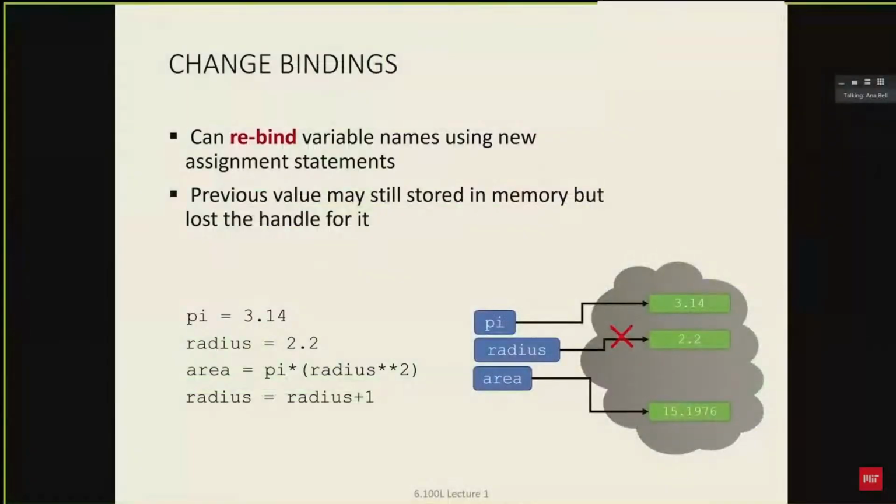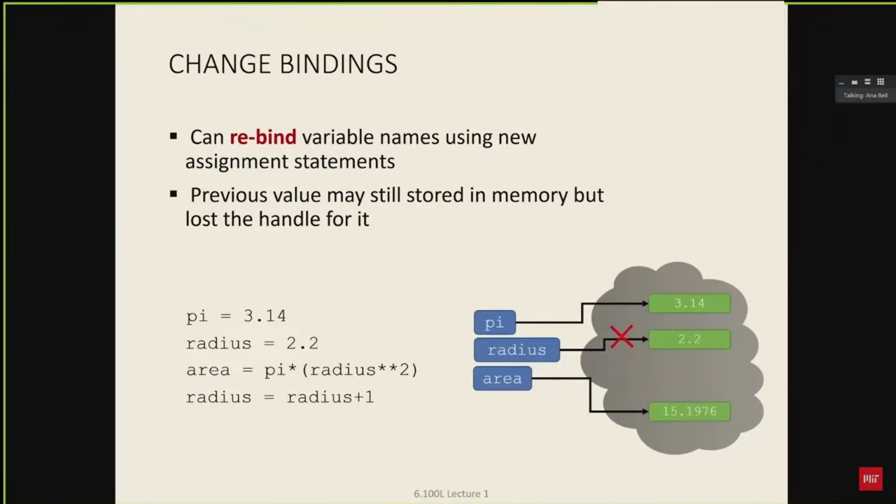So now what happens when we do this? Radius equals radius plus 1. In math, that would say 0 equals 1. But we're not in math here, right? We're in computer science, and this is perfectly valid. We're following the rule: when we have an assignment, look at the right-hand side first and evaluate it, and then bind it to the left-hand side.